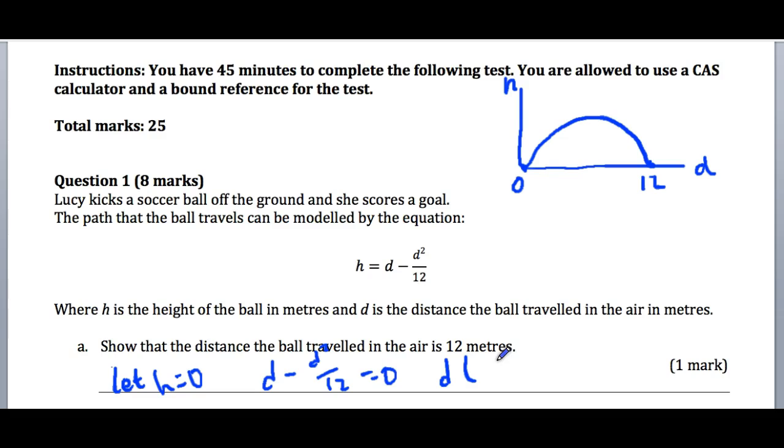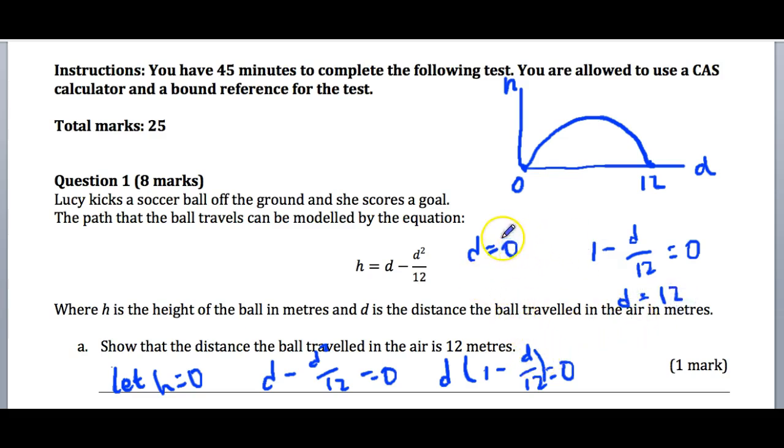So it's d times 1 minus d on 12. Divide both sides by d, so then you're left with what's in the bracket. So 1 minus d over 12 equals 0. That means that d equals 0 or d equals 12.